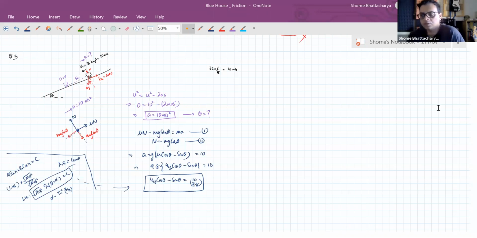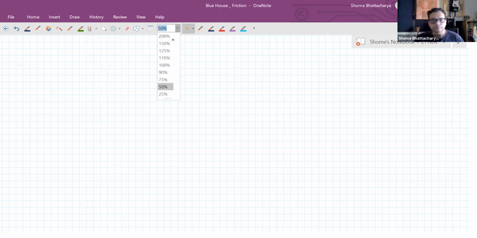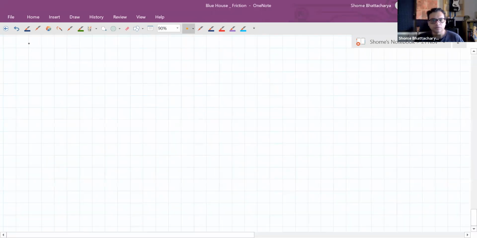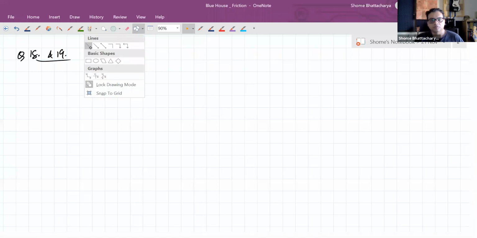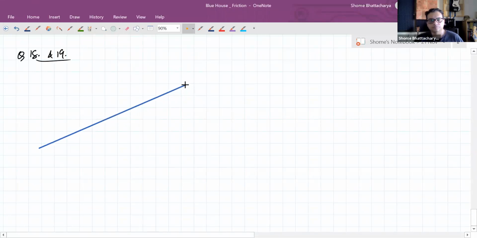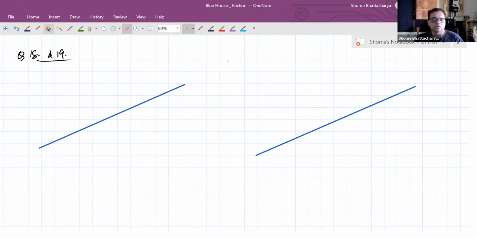Now in 18th one, we are keeping the two blocks directly in contact.